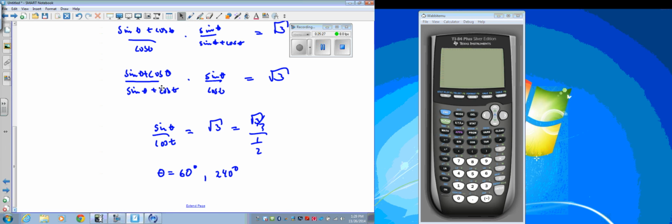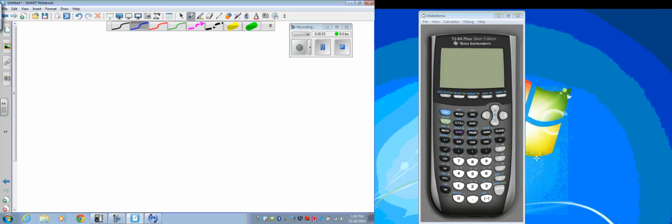When I cancel this to get one, I lose part of my solution, because you can't say that this thing equals that. The only thing you can do is say it equals 0. So I'm just unsure. I didn't have enough time to take a look at it.